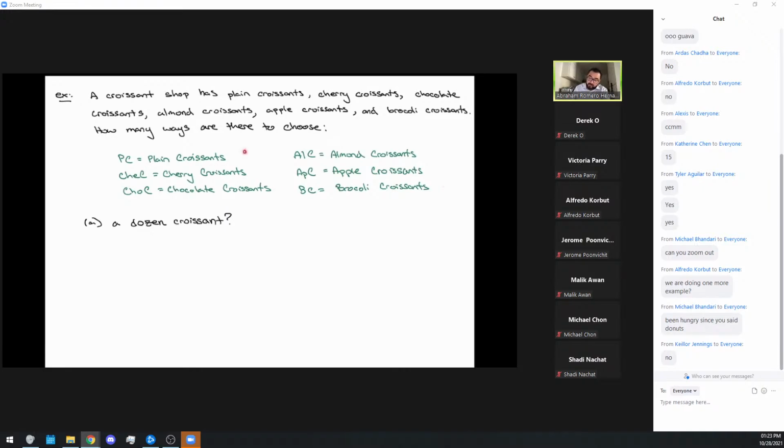What I mean by that is they're all different. And in the end, you're going to select 12. Because they're all different, another way I could picture this is that they all belong in their own specific place or their own specific box.